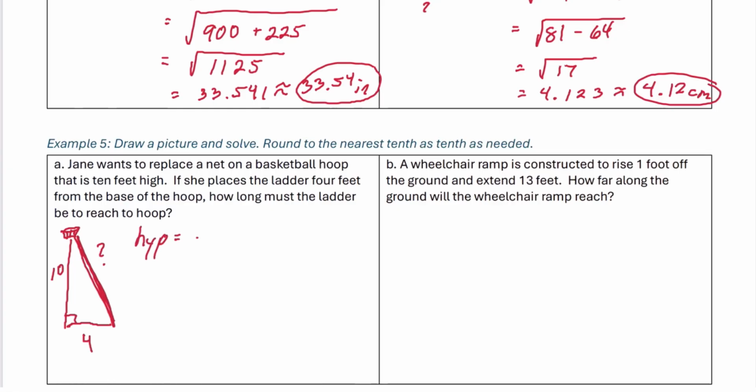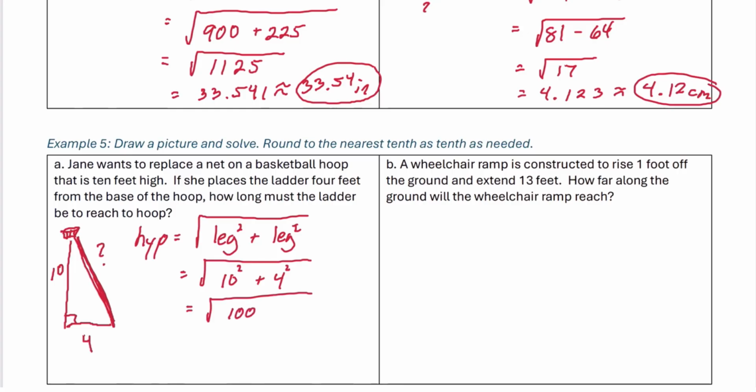Hypotenuse is the square root of one leg squared plus the other leg squared. So we have the first leg, which is 10 squared, plus the other leg, which is 4 squared. Square root of 100 plus 16. That is the square root of 116. We'll use the calculator now.